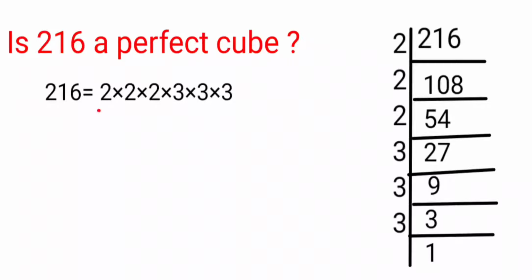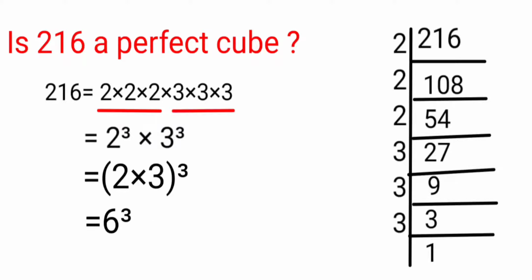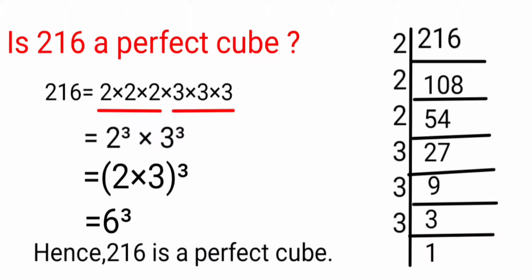So here 2 and 3 are in a group of triplet. So here we can write 2 cube into 3 cube. We can group similar numbers. So 2 into 3 is 6 cube. So 216 is a perfect cube.